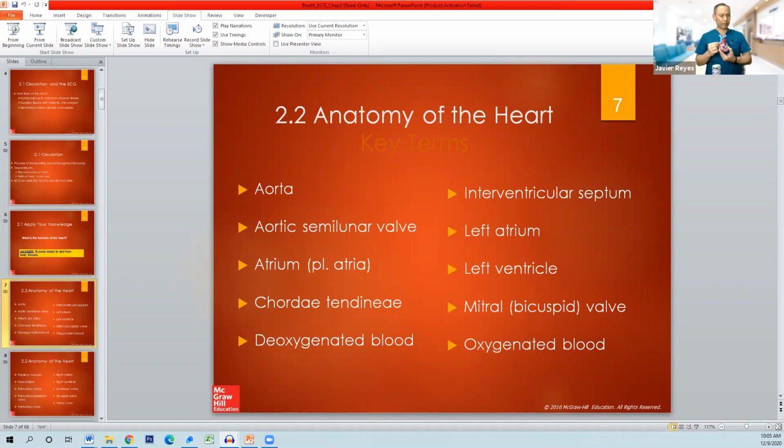Now, inside these chambers you also have valves that prevent blood from going back. For example, right here, this part is called a tricuspid valve. Tri means three, so this tricuspid valve has three leaflets that help it open and close, open and close.